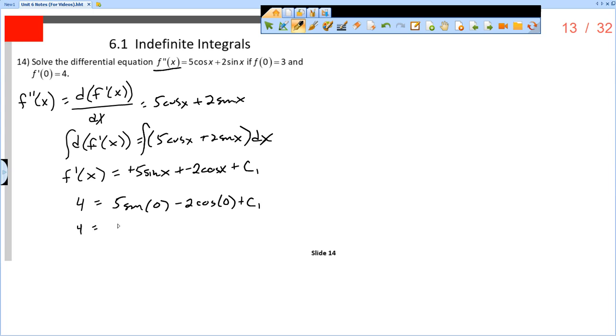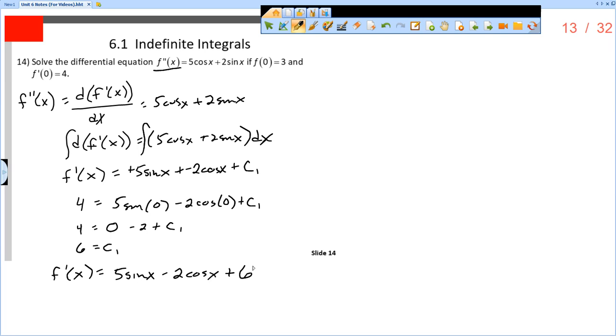Sine of 0 is 0, and cosine of 0 is 1, so I get 0 minus 2 plus c sub 1. Adding 2 to both sides, c sub 1 is equal to 6. So f prime of x is equal to 5 sine of x minus 2 cosine of x plus 6.